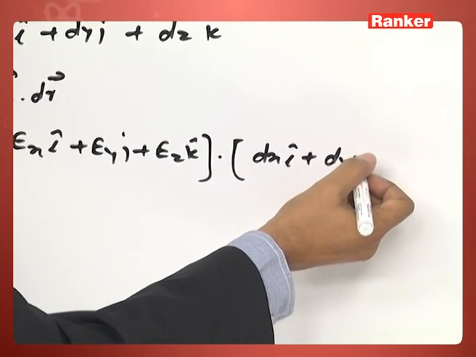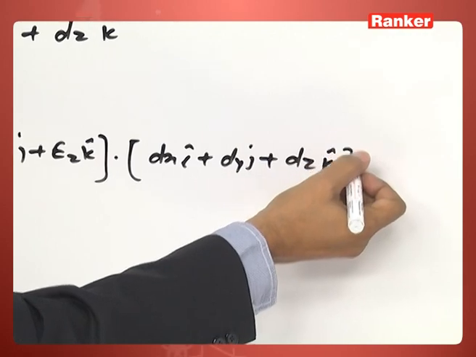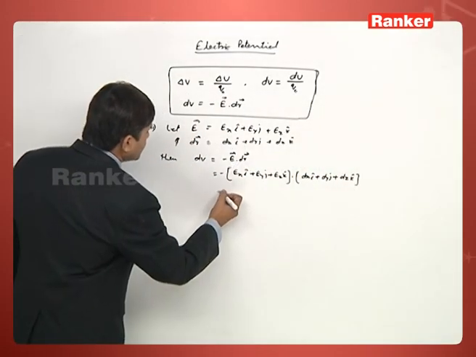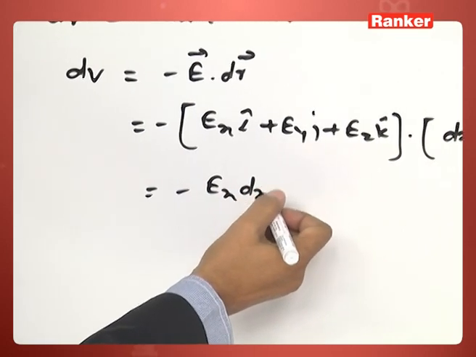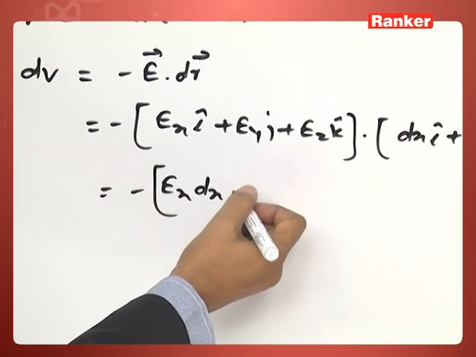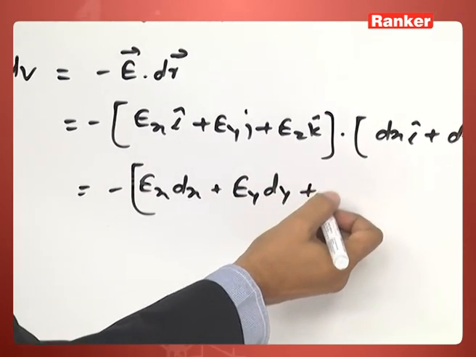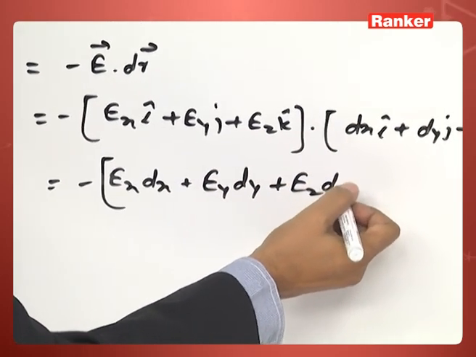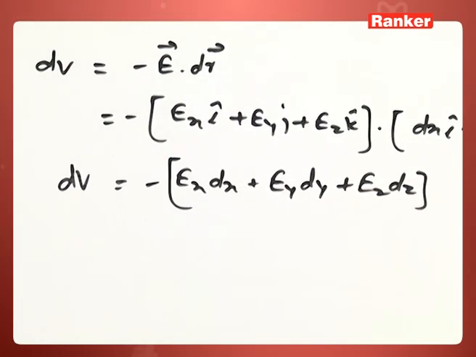So dx i cap, dy j cap plus dz k cap, and this gives us minus Ex dx, Ey dy, Ez dz like this. This is the dV value.